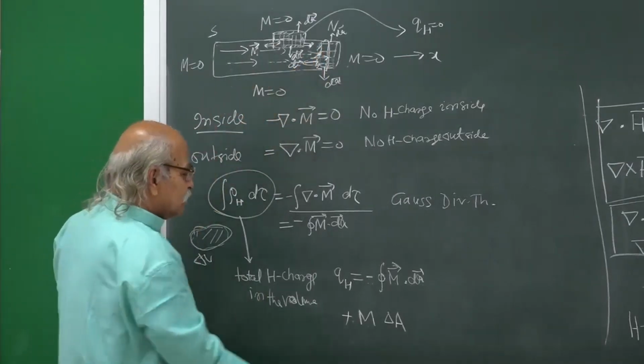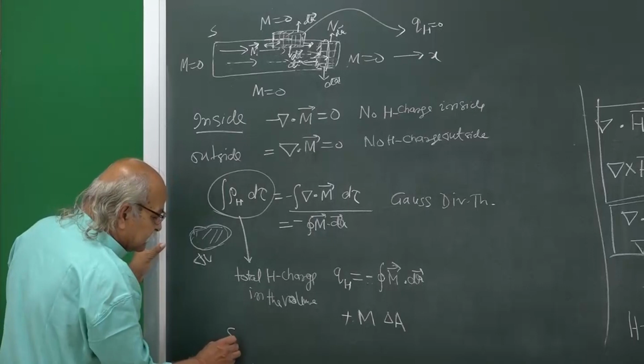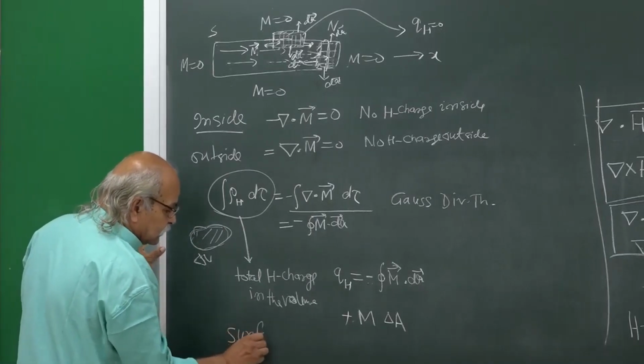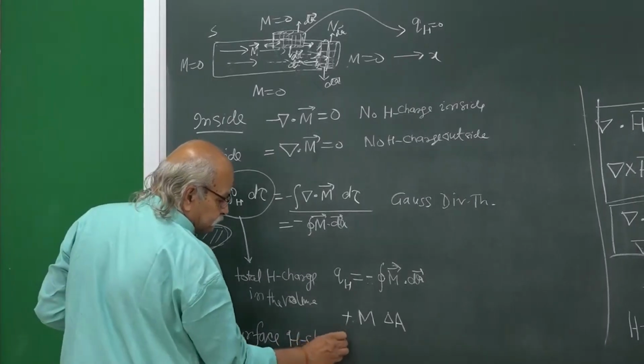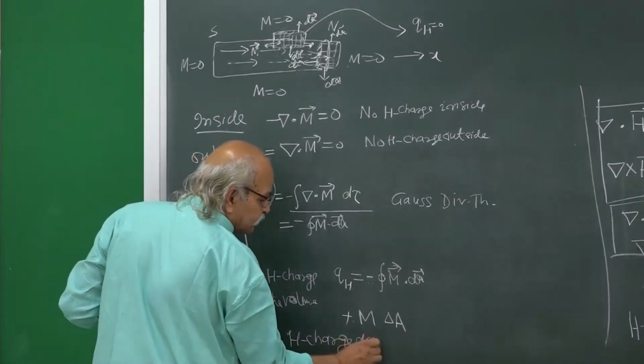So that means you have a surface H charge density. And how much is that?